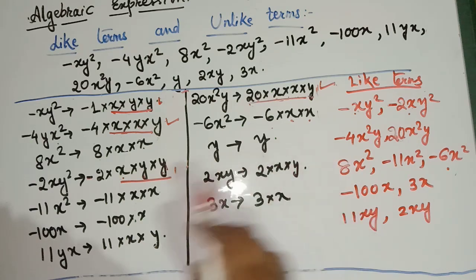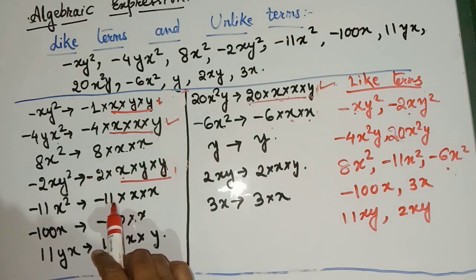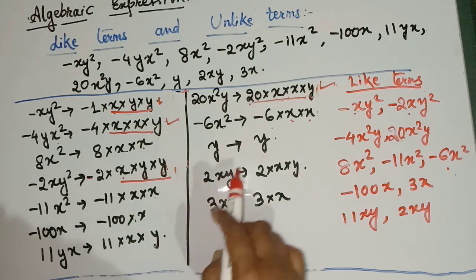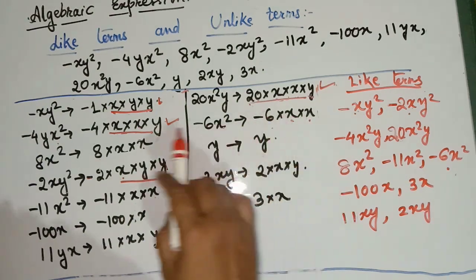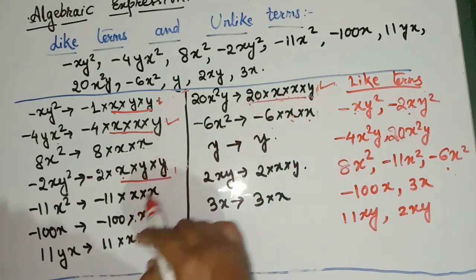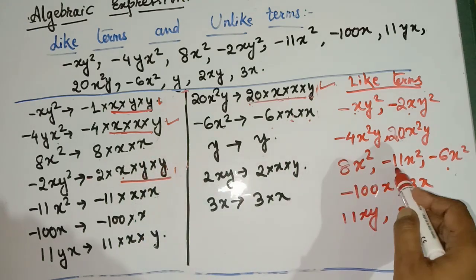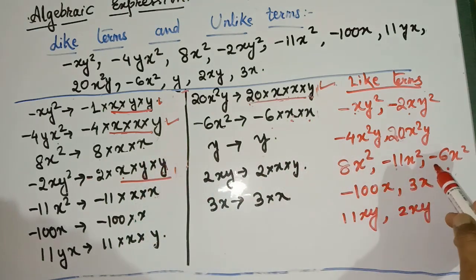Now next is x square. So 8x into x, minus 11x into x, minus 6x into x. This is x square, this is x square, this is x square. These three are the like terms: 8x square, minus 11x square and minus 6x square.